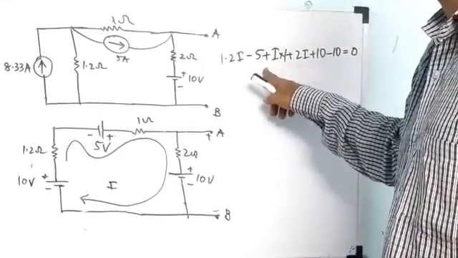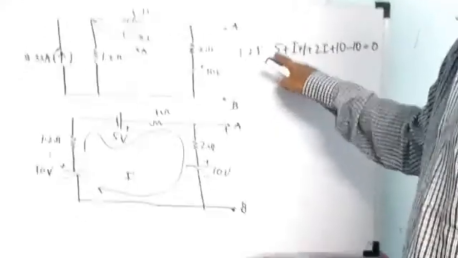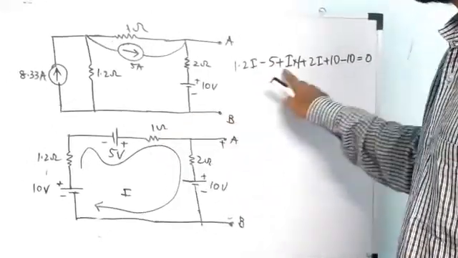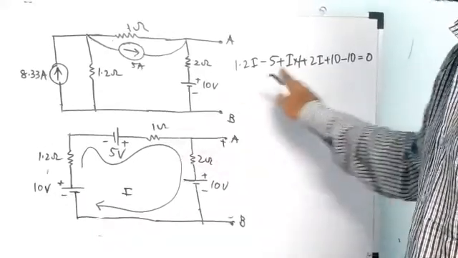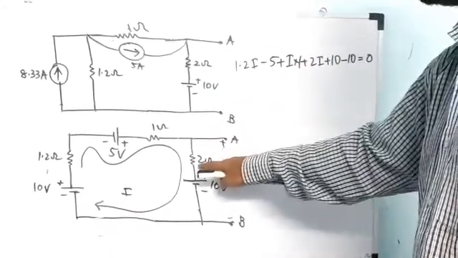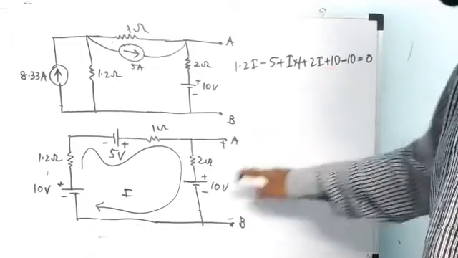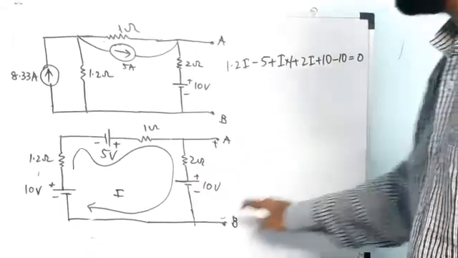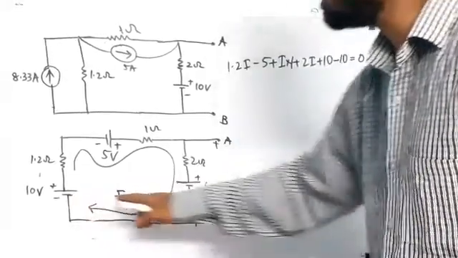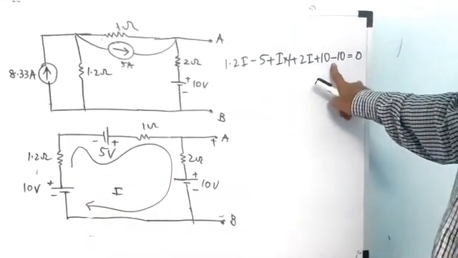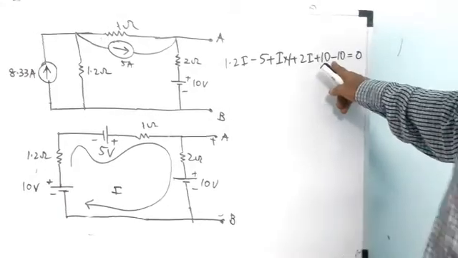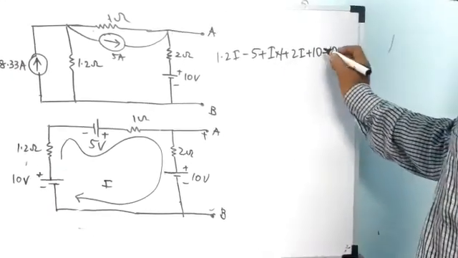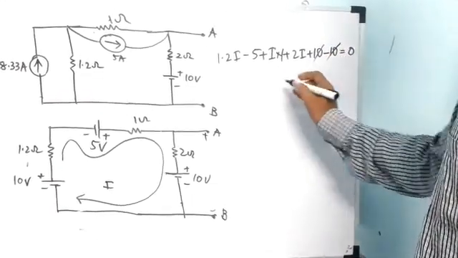So it is an easy method. So minus 5, then plus I into 1, so I, plus 2 into I, plus positive polarity 10, then coming to that negative polarity, minus 10. Now plus 10 and minus 10 cancel.